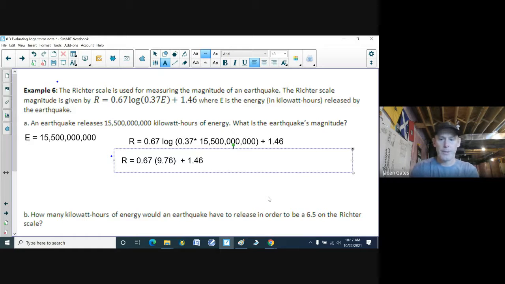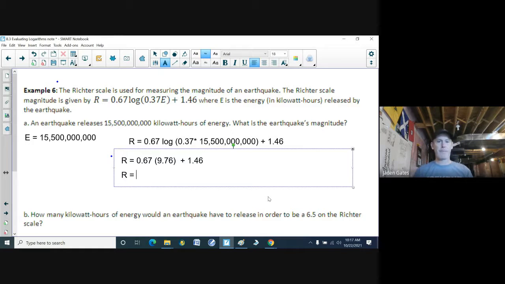Then I'm just going to multiply 0.67 times our 9.76, and I get 6.54. And then I add 1.46, and I get 7.999999. So it's an 8. Oh, excuse me, on the Richter scale.